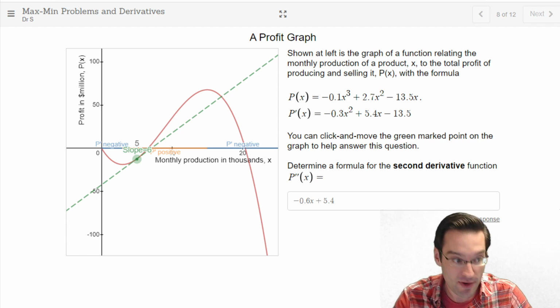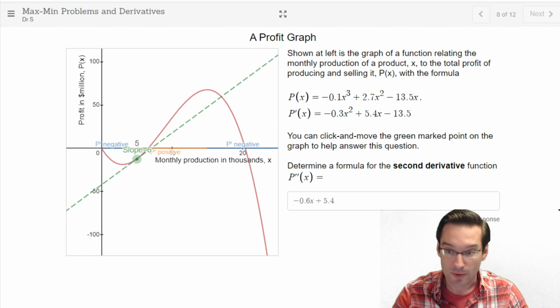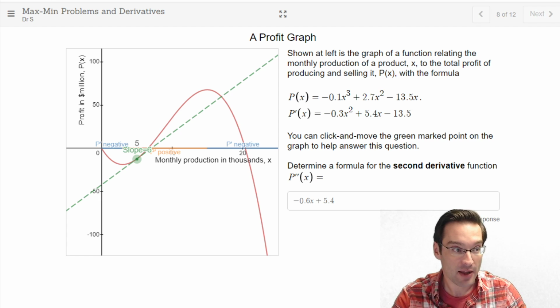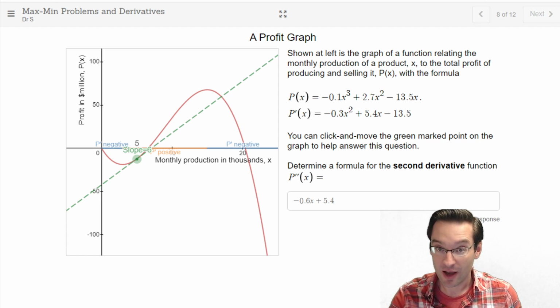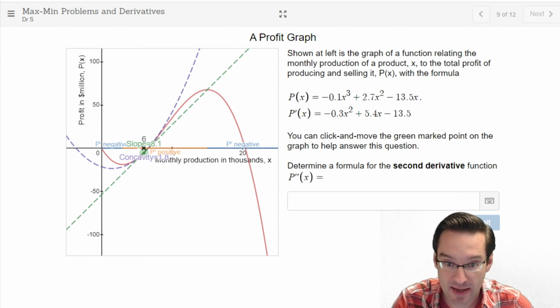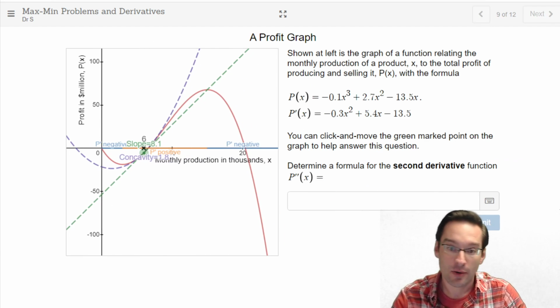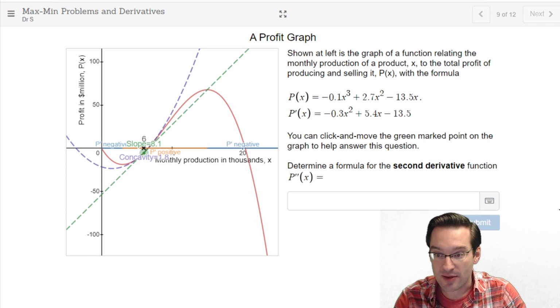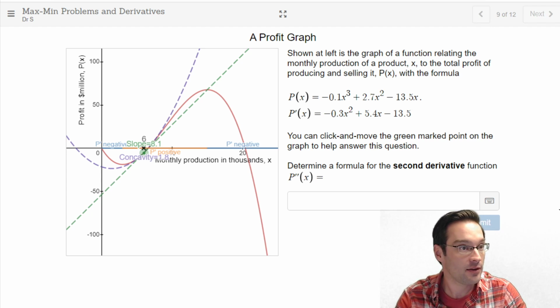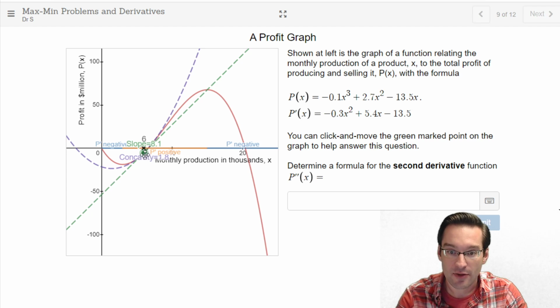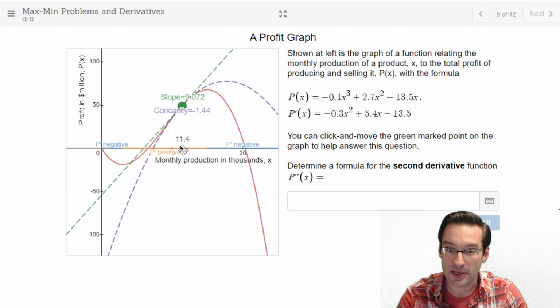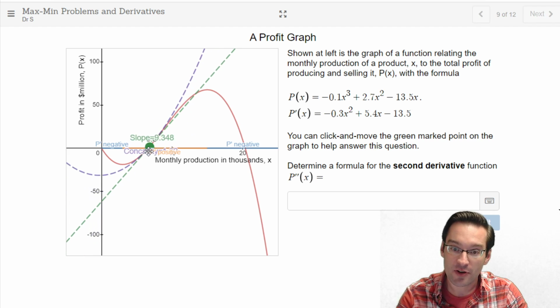So the more interesting question for me anyway, is what is that second derivative actually going to tell us about the shape of the graph of P? What is it going to tell us about the profit graph? So now I've added one more little piece to this screen right here, and it is that not only can we see the slope of a tangent line marked in green, but we can also see this purplish curve.